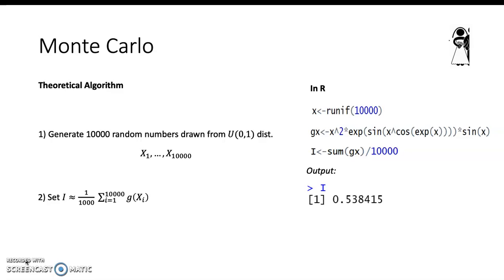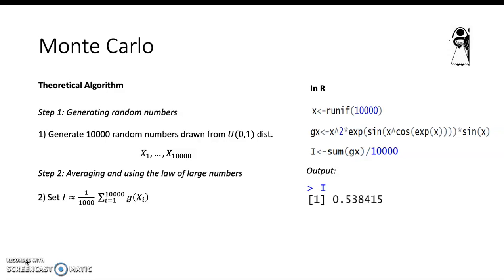And then you get a value of approximately 0.54 for this ugly integral we had before. So that's always the first step in a theoretical algorithm of Monte Carlo: generating the random numbers and then averaging and using the law of large numbers.